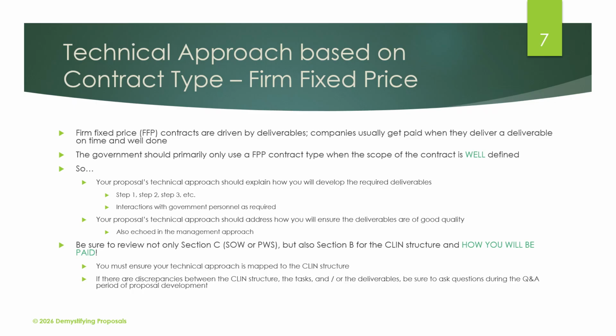The CLIN structure should reflect how the tasks and the deliverables in Section C are set up. If they're not, be sure to ask questions during the Q&A period of proposal development to try and get clarity on any difference between the CLIN structure, the tasks, and the deliverables.